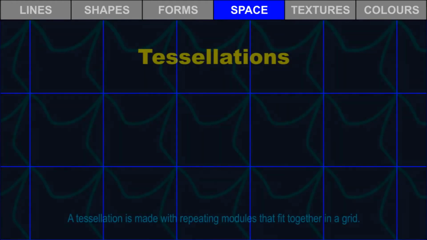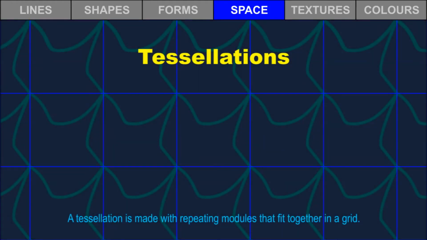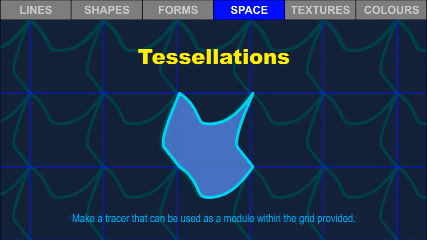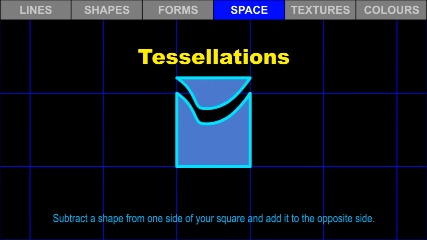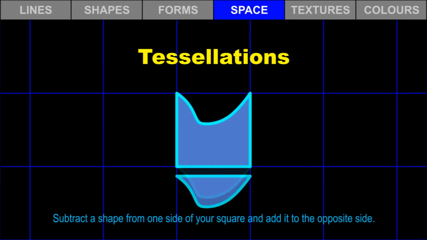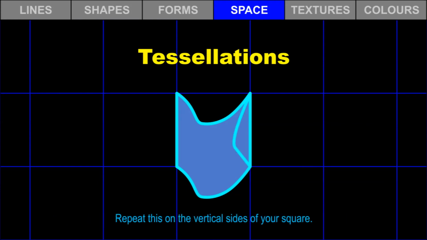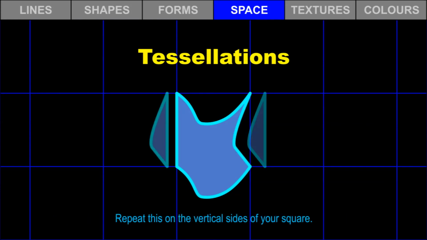Let's try it. A tessellation is made with repeating modules that fit together in a grid. Make a tracer that can be used as a module within the grid provided. Start with a square that is the same size as a grid cell. Subtract a shape from one side of your square and add it to the opposite side. Repeat this on the vertical side of your square.